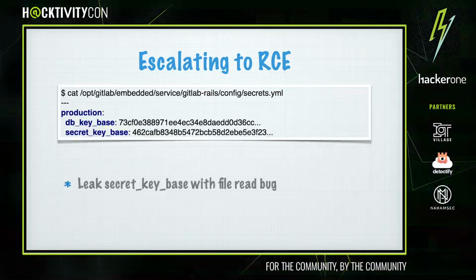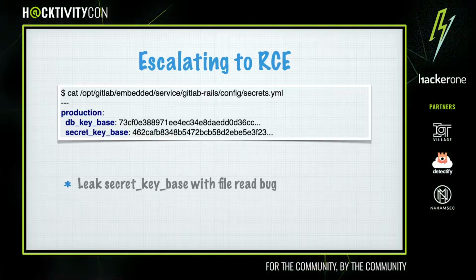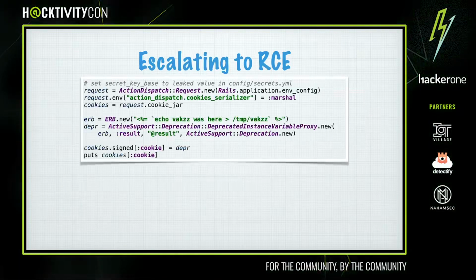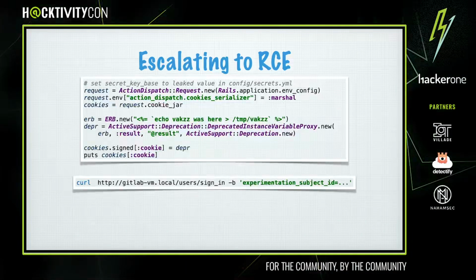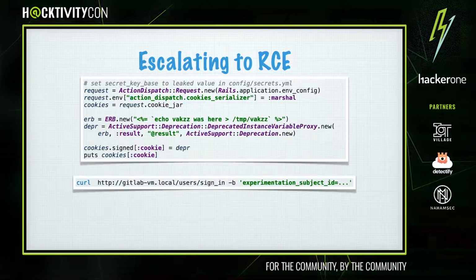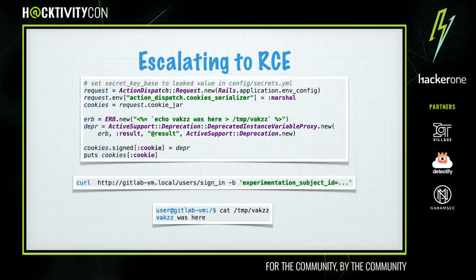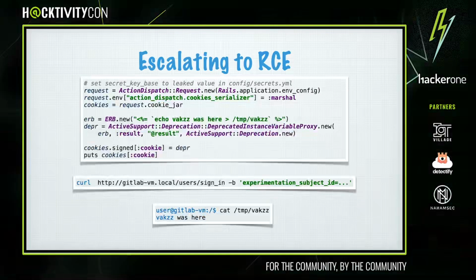So combining all of this, we can use the arbitrary file read to leak the secret key base. We can then use it to sign a malicious Ruby object and then send it to Rails via the experimentation subject ID cookie, which will then be deserialized via Marshal due to the hybrid cookie strategy, causing our payload to be executed.